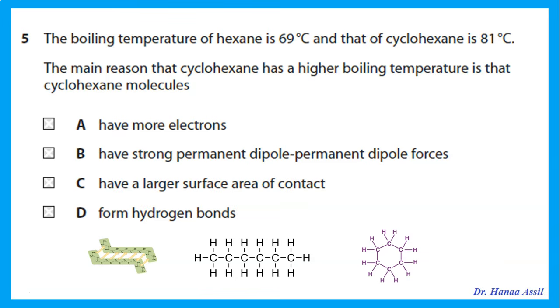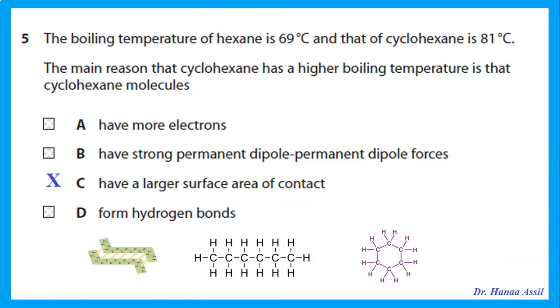So A is wrong. Is it because the cyclohexane has strong permanent dipole-dipole forces? Well, actually, it doesn't have dipole-dipole forces because it doesn't have any electronegative element anyway. So is it because it has a larger surface area? That must be the reason. That means that the cyclohexane is in a form in which it has a larger surface area, and that is what would give it a higher temperature.